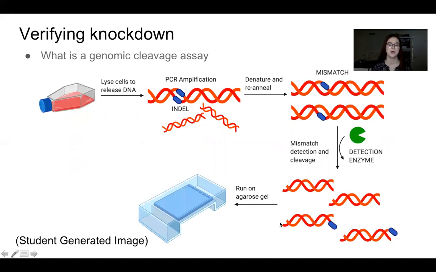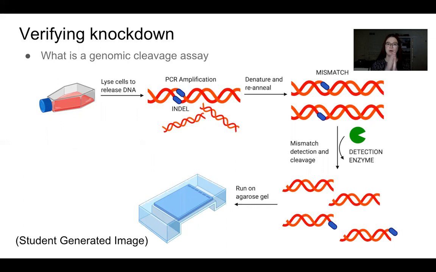After this was done, a verification of the CRISPR was needed. To do this, a genomic cleavage assay was used. In this, cells were lysed open to release the DNA, and then the specific section of where the mutation should have occurred was amplified, or a lot of it was made. The DNA was then denatured and reannealed, or it was pulled apart and then put back together.